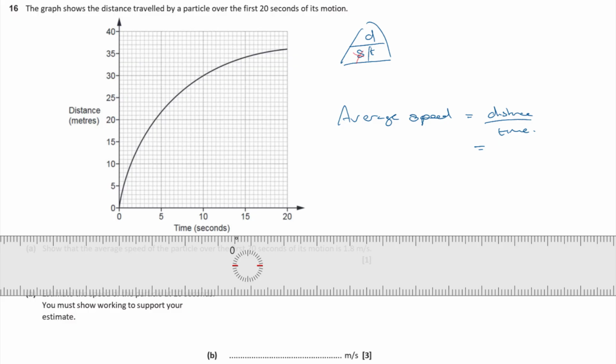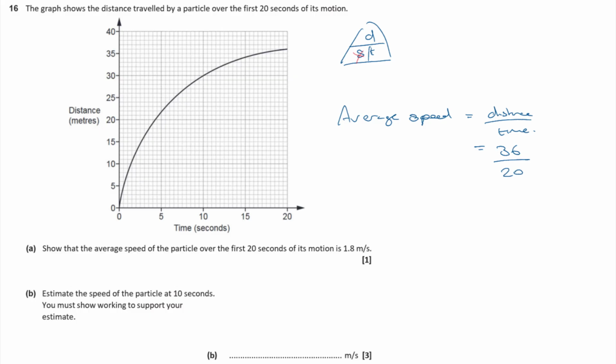So then the average speed is going to be the 36 meters it's travelled in the 20 seconds that it took. So what's that? Dividing by 2 is 18. So it's going to be 1.8, I guess. So that's 1.8. Okay, so the average speed is 1.8 what? Meters per second? Yeah, we've done it there. So show that it's 1.8. We showed it's 1.8. I suppose we could just put the unit on the end to really show it.